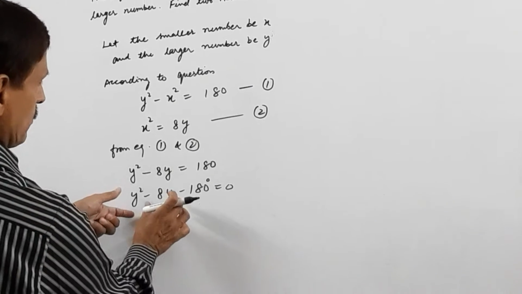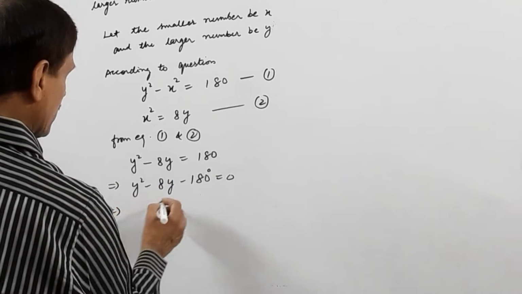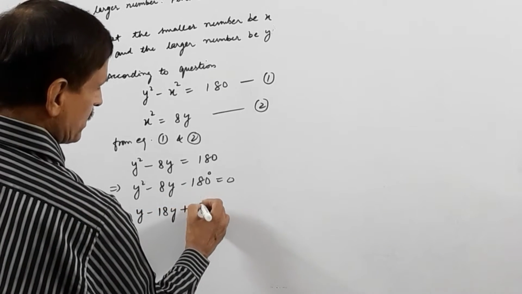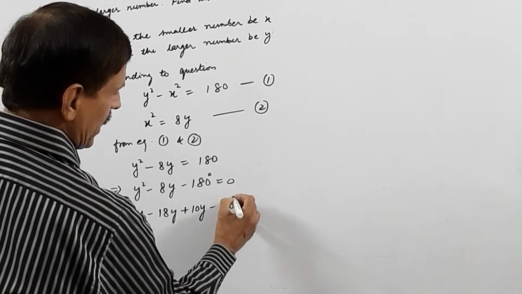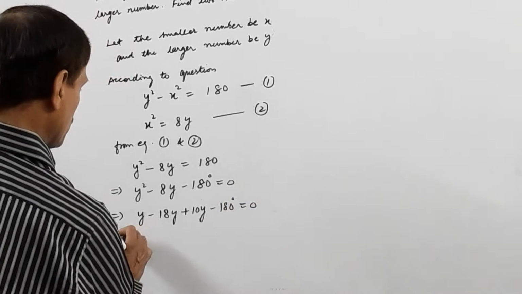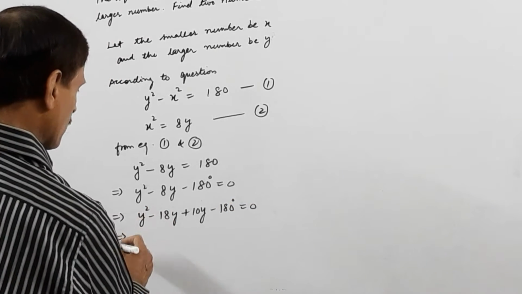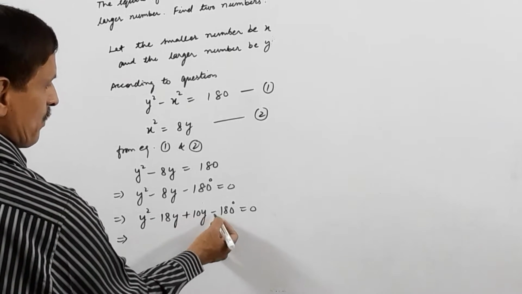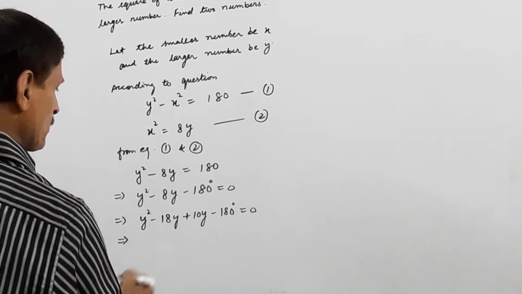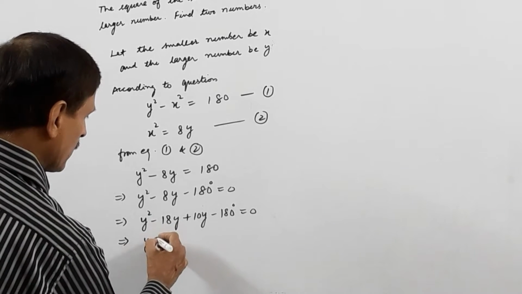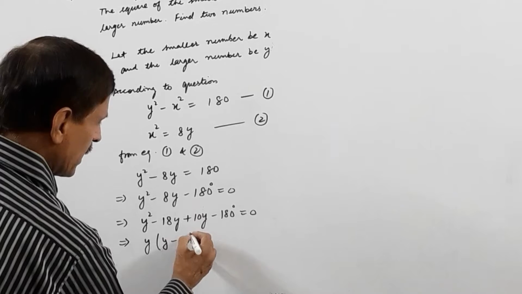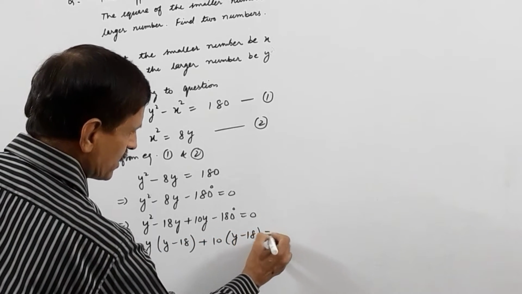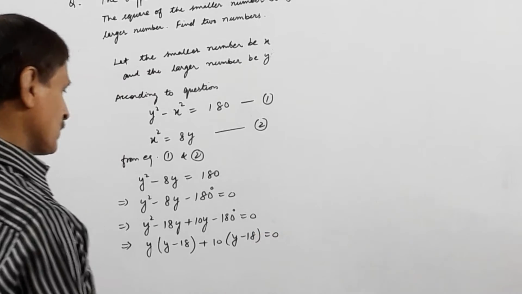Now by splitting the middle term we factorize this. y square minus 18y plus 10y minus 180 is equal to 0. Taking y common, y minus 18, taking 10 common, y minus 18 is equal to 0.